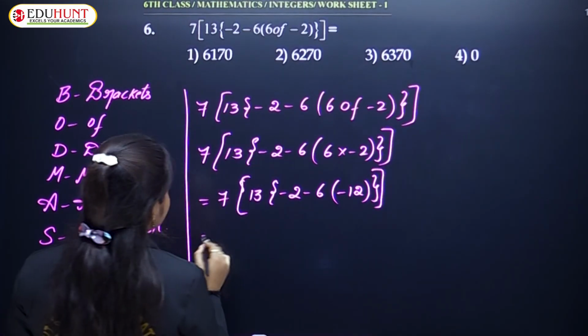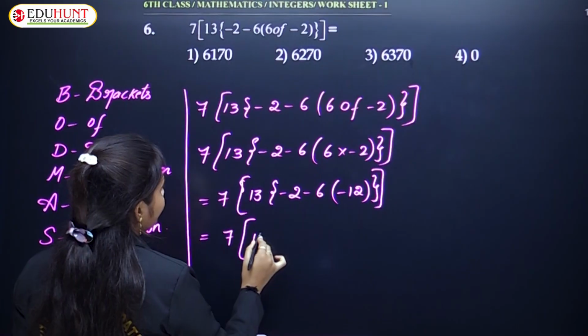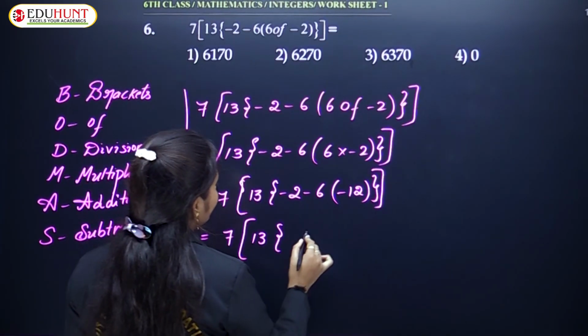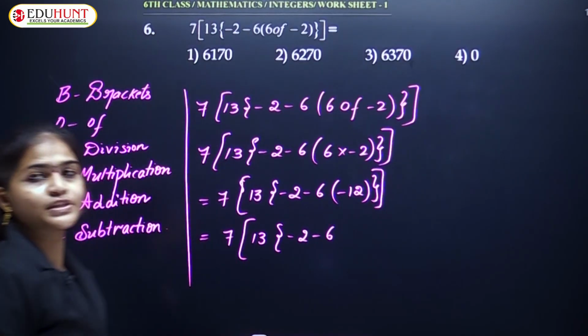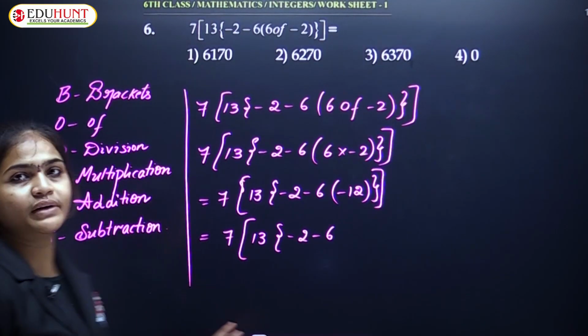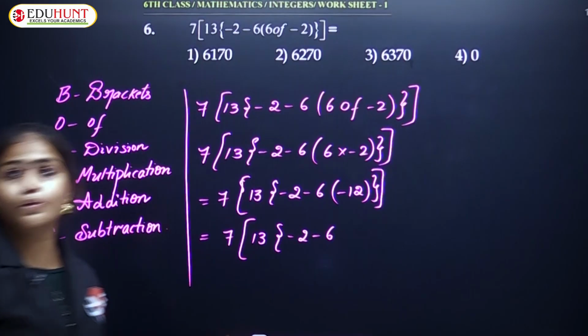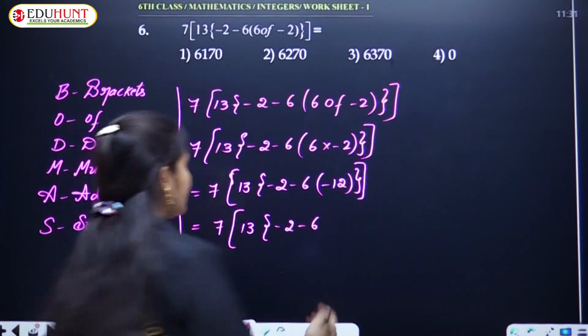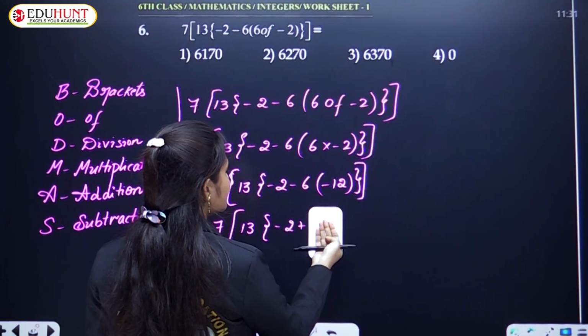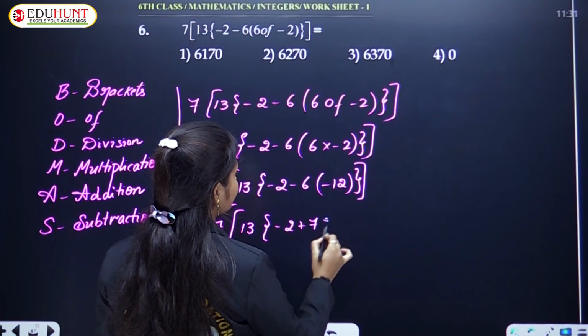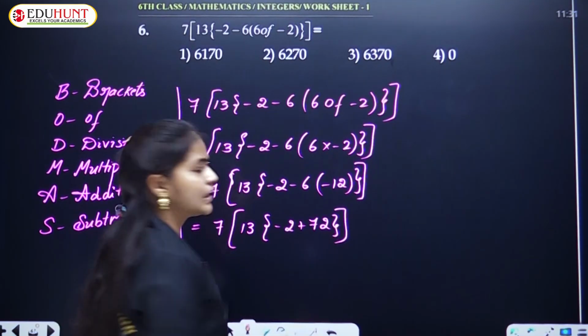Clear? Next, 7 brackets of 13 brackets of minus 2 minus 6 of minus into minus. The product of two negative integers is positive. So minus into minus is plus, and 6 into 12 is 72. Clear?